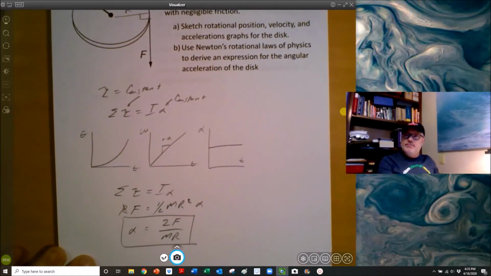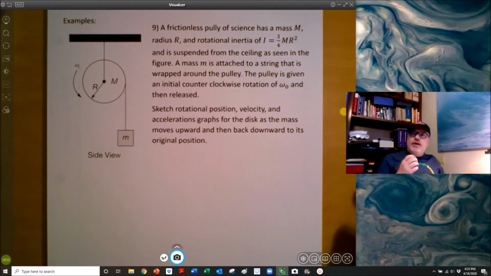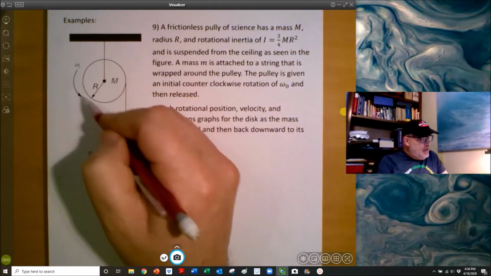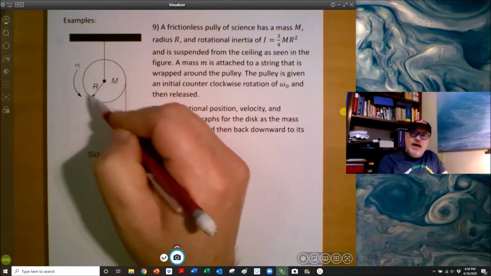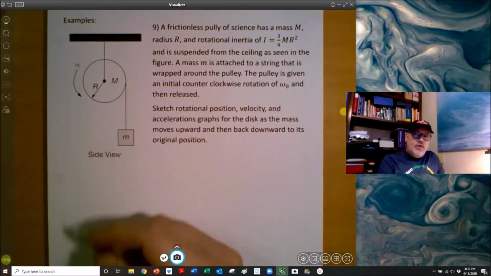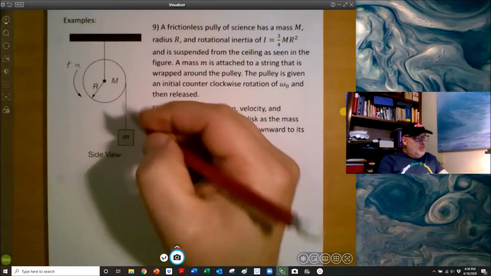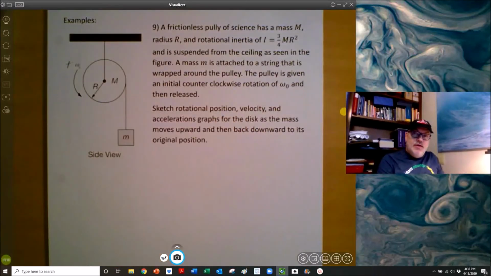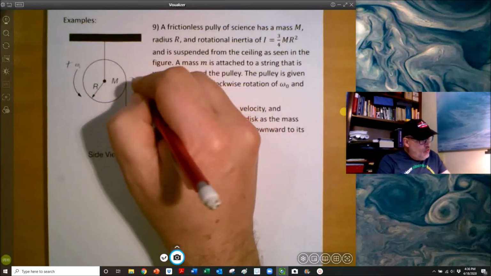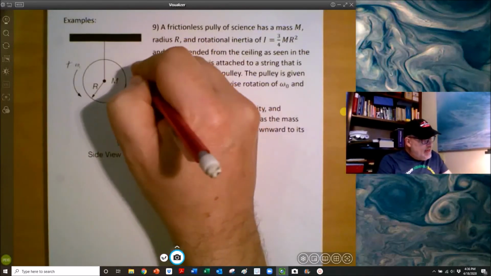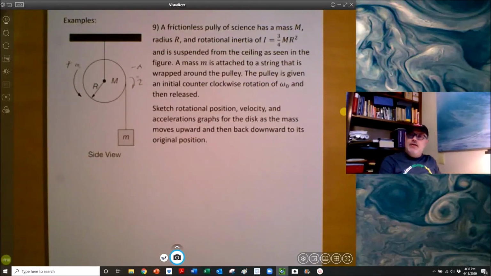And there you go. In our last example, we have a frictionless pulley. It is given a rotational velocity this way, counterclockwise. I'm going to call counterclockwise positive, so that's the way it's going to begin. But we have this mass attached to it here that's going to produce a torque this way, which will be negative, which will give us a negative angular or rotational acceleration.